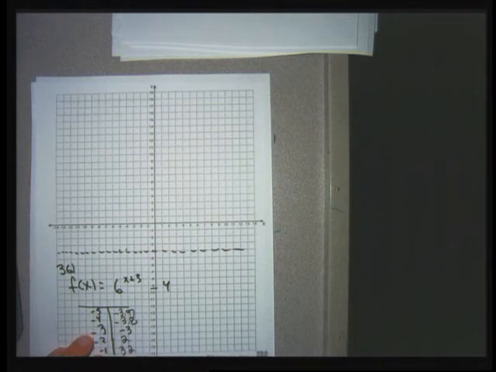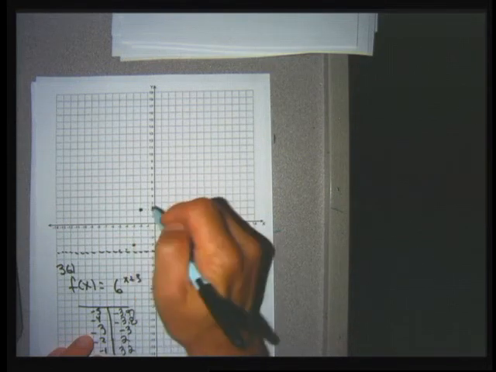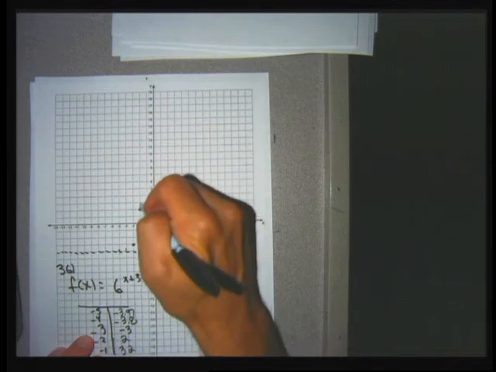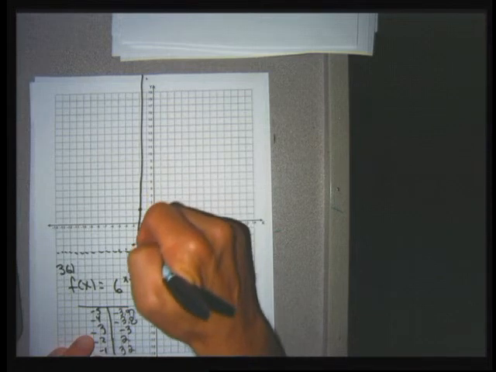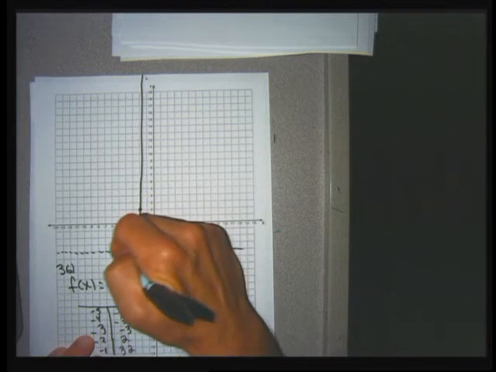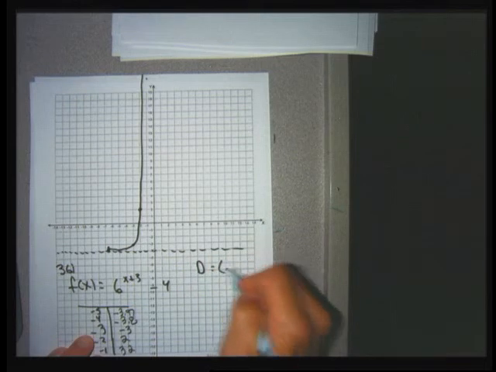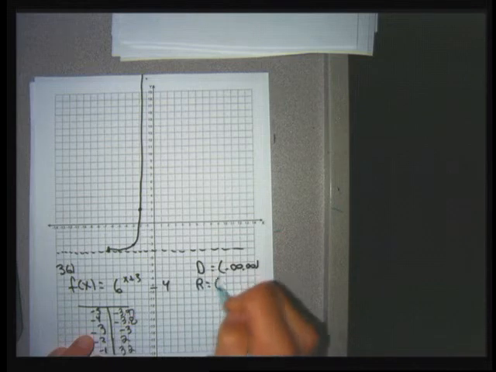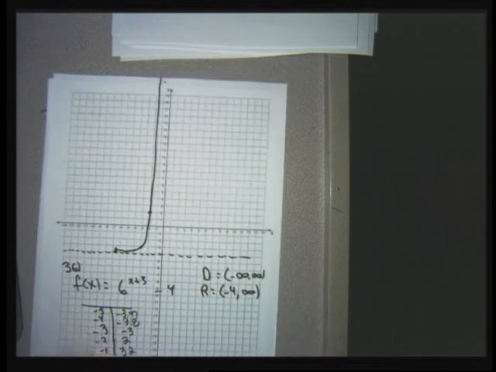And then -3, -3, easy enough. -2, +2, easy enough. 32 is way off my paper. The domain for all our graphs is negative to positive infinity. The range starts at where the graph hovers above. In this case, it hovers above -4 and goes up to infinity.